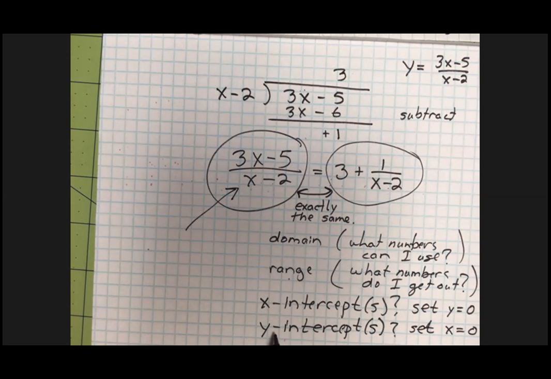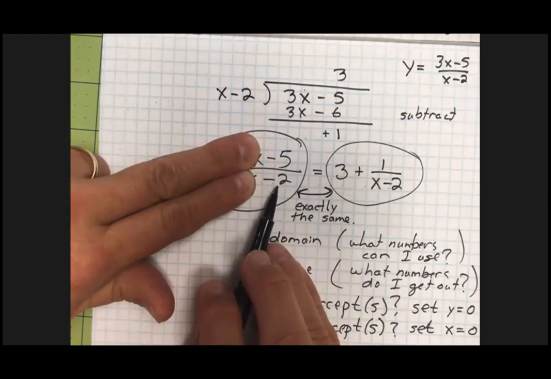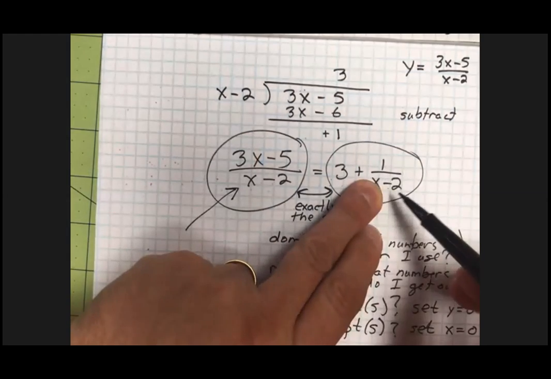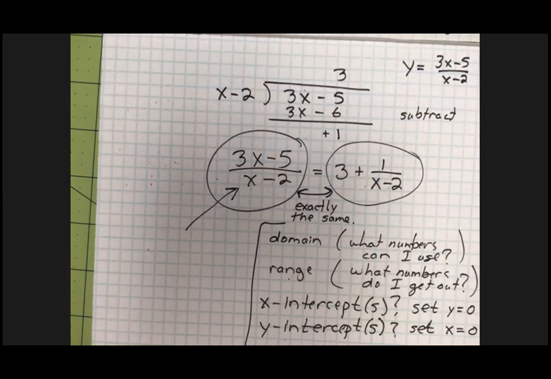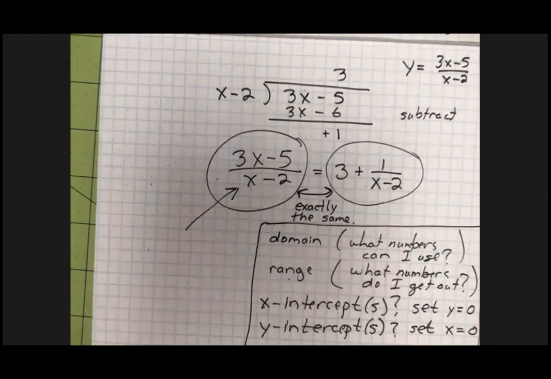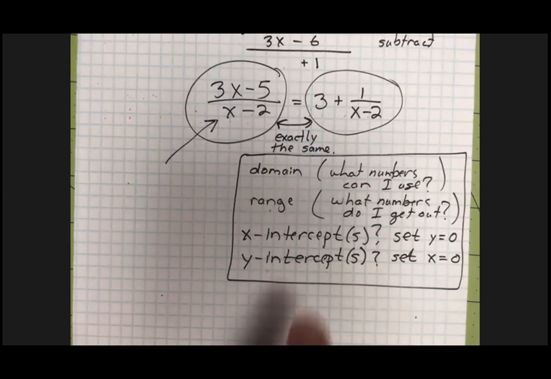Much easier to find the y-intercept. If you set x equal to 0, you get 2.5. If you set x equals 0 here, you get 3 minus half, 2.5. So this is what I want you to see. Whenever someone gives you a picture like this, you want to know these 4 things.